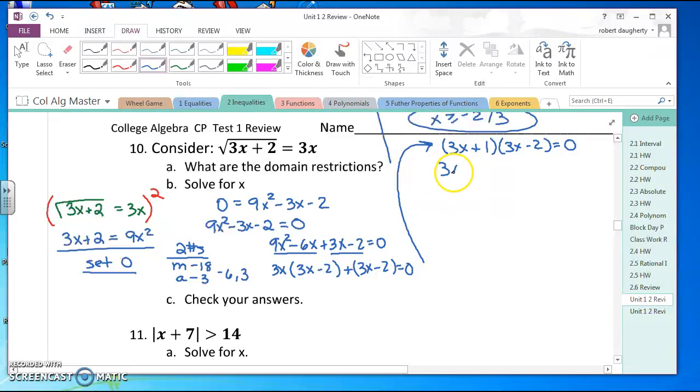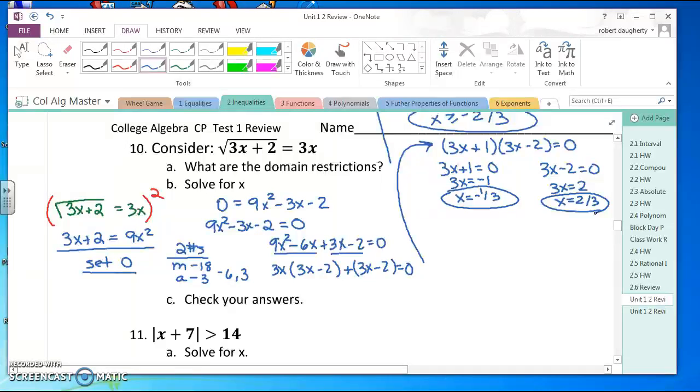Set them equal to 0. If 3x plus 1 equals 0, then 3x equals negative 1, x equals negative 1/3. And if 3x minus 2 equals 0, then 3x equals 2, x equals 2/3.